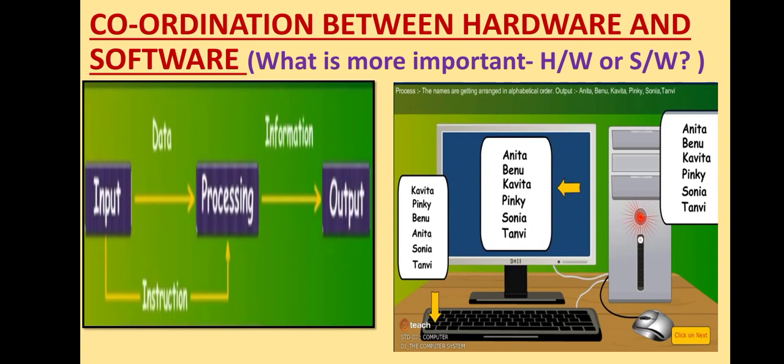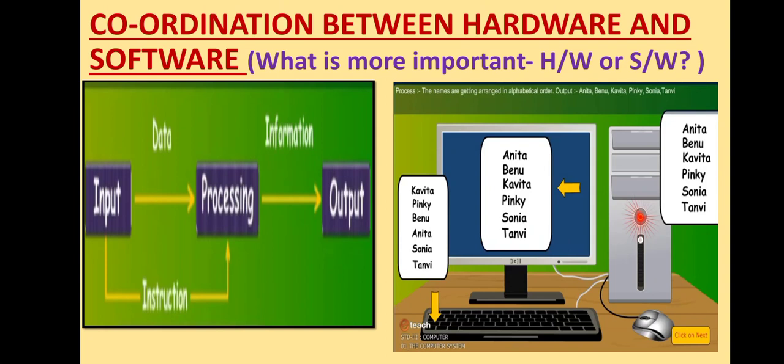When input goes inside the CPU, then software comes into action. Process will be carried out. Once the process is over, results will be displayed on the monitor. So again, the monitor is a hardware device.